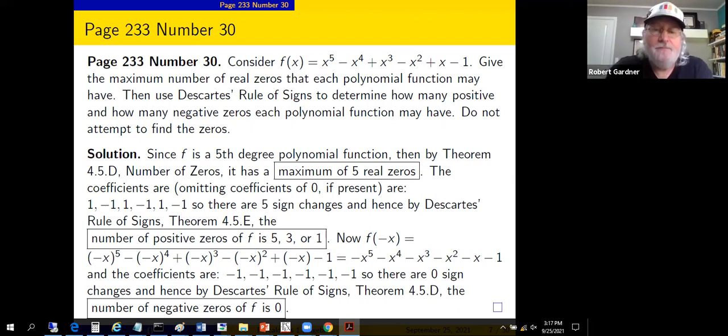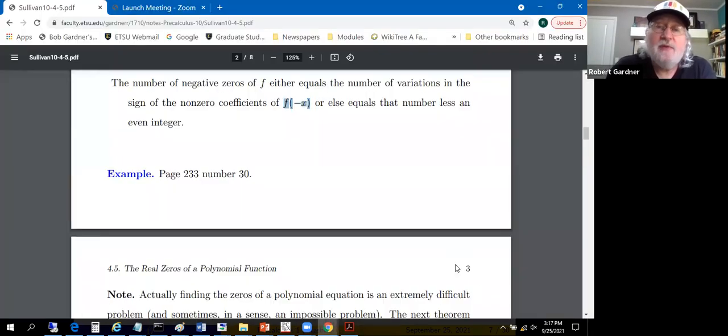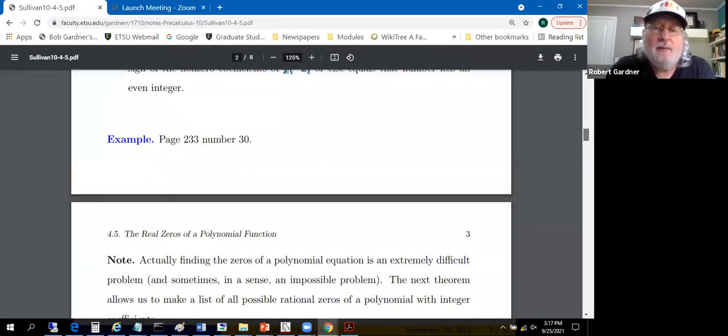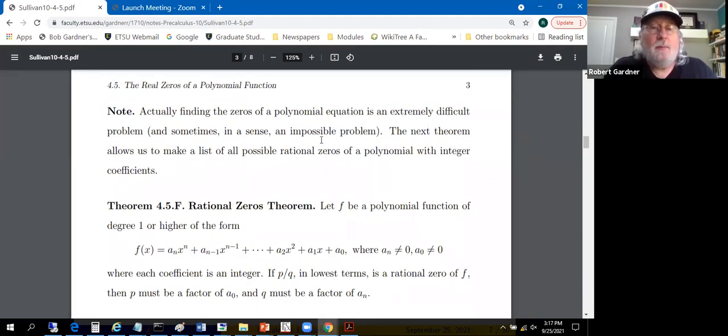I don't know. This is complicated stuff to get precise answers tied down. All right, so actually finding the zeros of a polynomial function is an extremely difficult problem. In fact, it's an impossible problem in some sense.